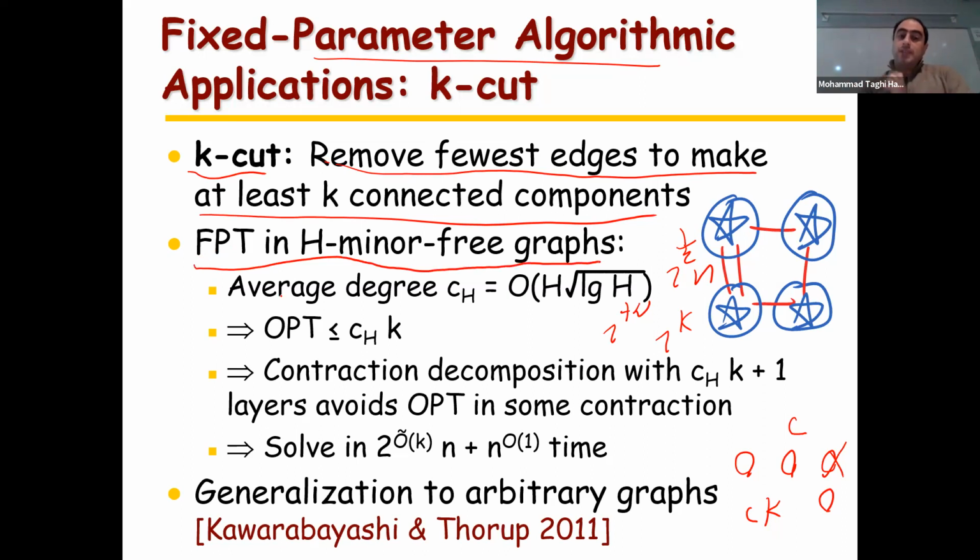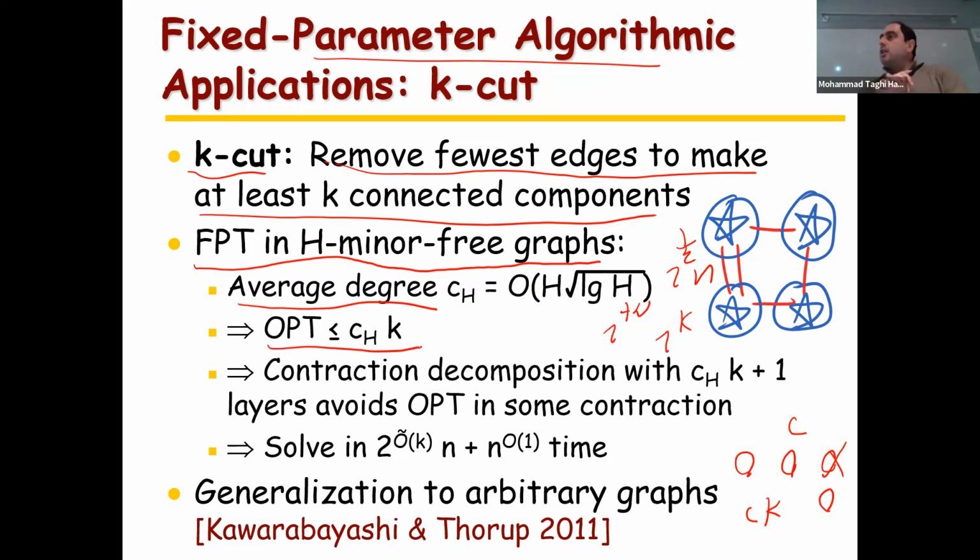How come? So this is the important thing. Average degree: we discussed that the average degree of a planar graph is at most 5. In general, the average degree of H-minor free graphs is size of H times the square root of log of size of H. For a constant H, it would be constant.